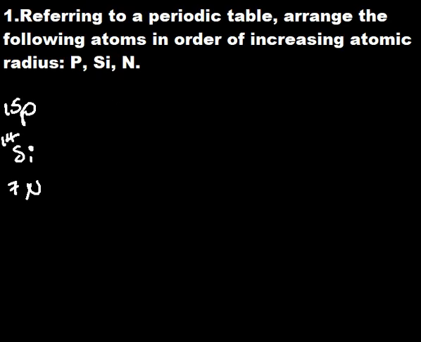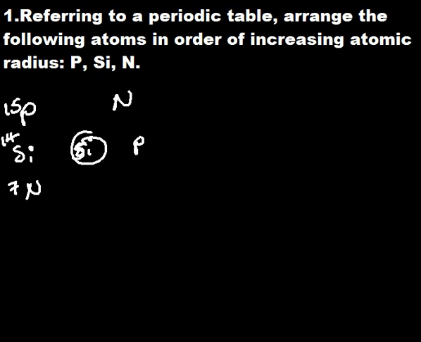So nitrogen comes first. Let's say we have nitrogen here, and we have silicon as well as phosphorus just below the nitrogen. Silicon comes first, and phosphorus comes second. For this case, you have to understand which element has the largest atomic radius.